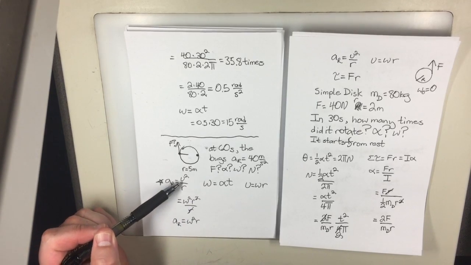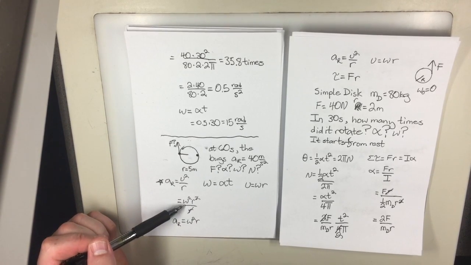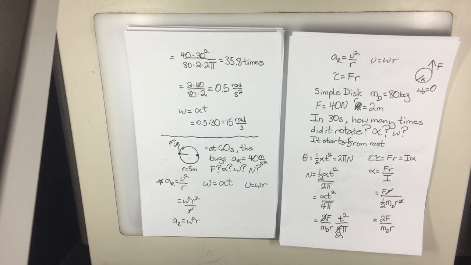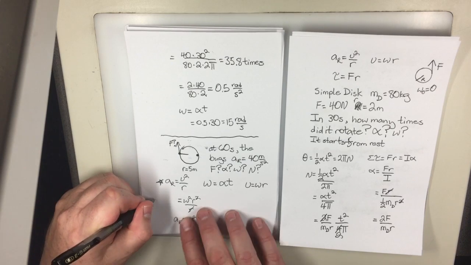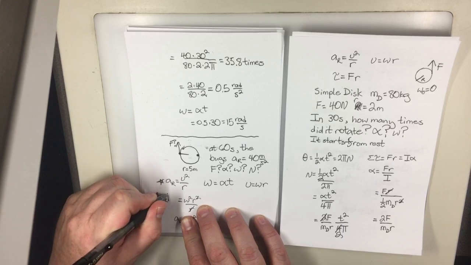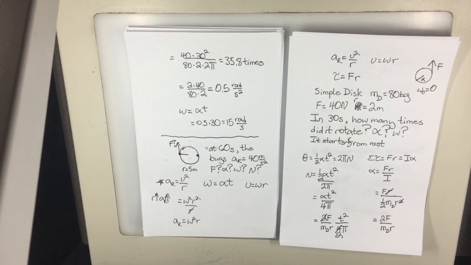When you substitute V with omega R, you end up with omega squared R, and then if R increases, radial acceleration increases. That is a typical pothole that a lot of students fall into during tests.